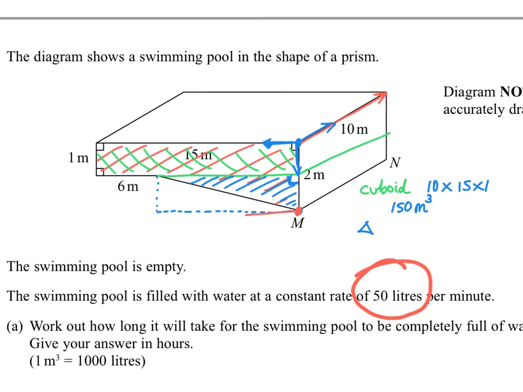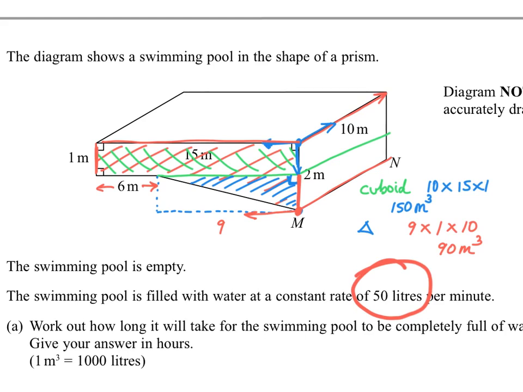So we'd have this one here, which would be, now you've got to be careful with this, because it says very clearly here that this length from here to here is 6, but all of this length here to here is 15. So you're going to have 9 here by, well, it was 2 all the way, and so it was 1 there, so that leaves 1 for this, by, well, that's okay, that's 10 again. So that's going to be 90 meters cubed.